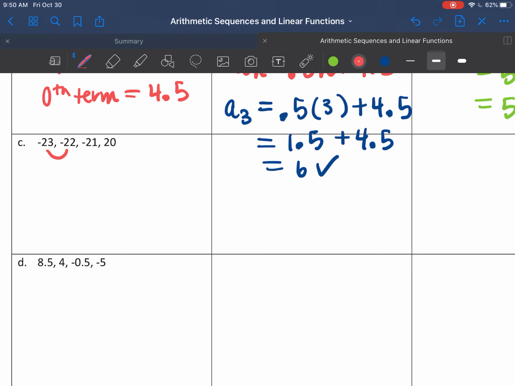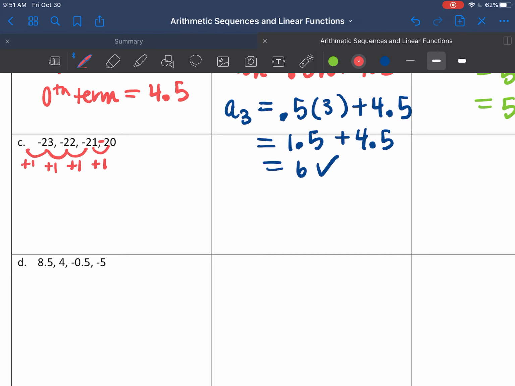Okay, so first we need to find the slope, or the common difference. From negative 23 to negative 22, you're coming out of debt, so you're actually adding. Be careful on that. Negatives always throw me off. Oops, I think that's supposed to be negative 22. Plus 1.